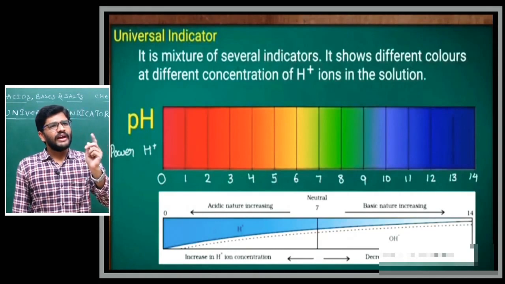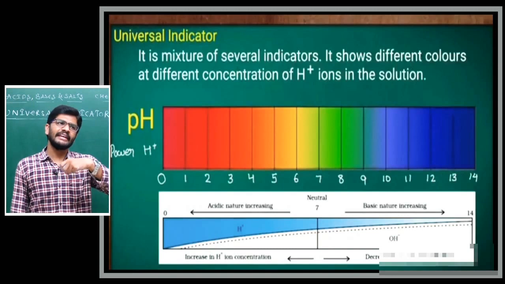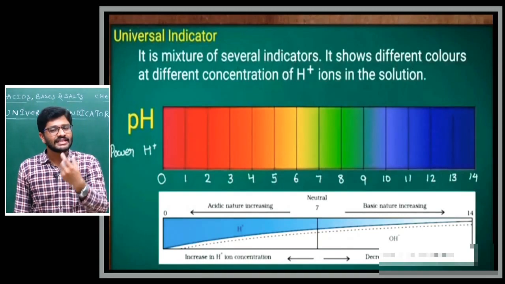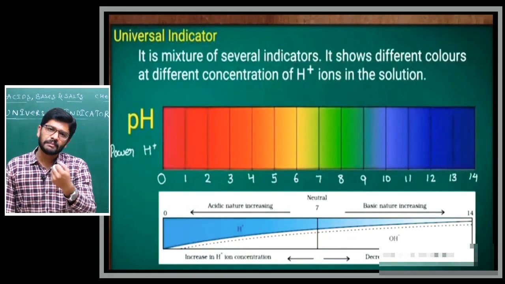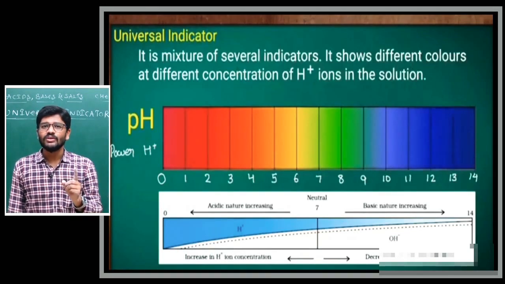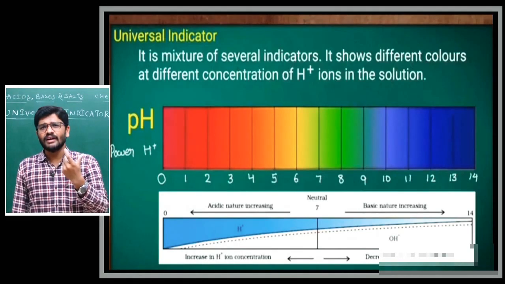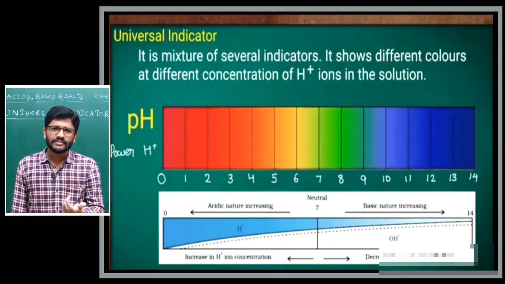At any pH value, the substance consists of H plus ions and OH minus ions, but at a particular value, if the substance consists of more H plus ions, that is called a strong acid.